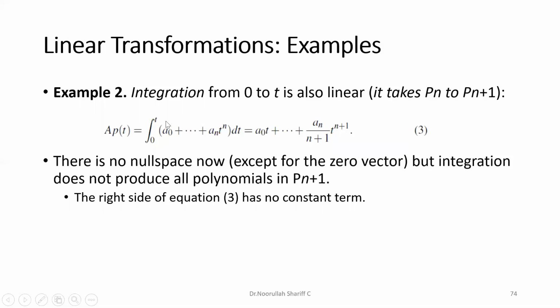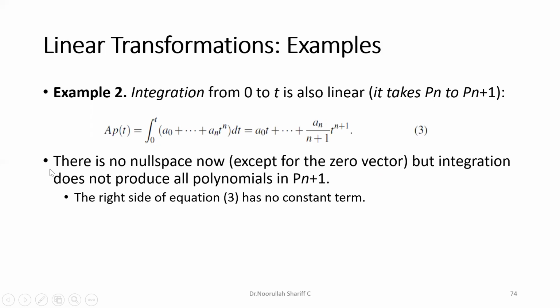If you integrate the constant A naught, you get A naught t. Then the second term A1 t integrates to A1 t squared by 2, and so on. And if you integrate An t to the power of n, you get An t to the power of n plus 1 divided by n plus 1.